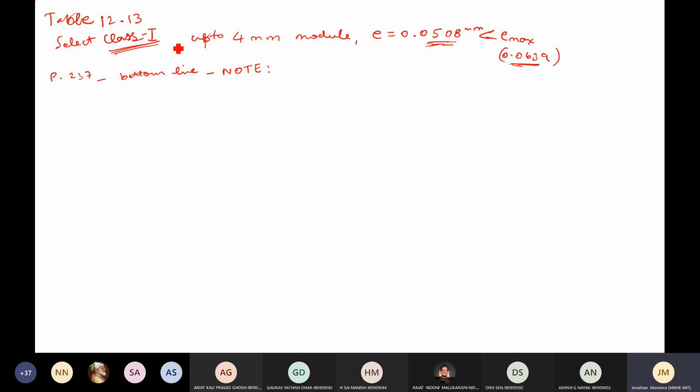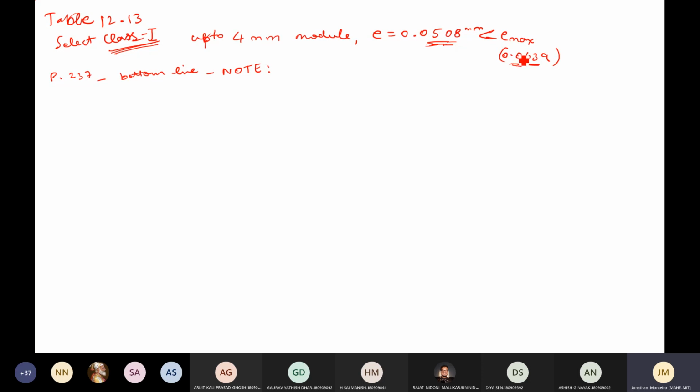You notice when you go to class 2, for the same module, the error will be still lesser, almost half of it. And if you go still further, it is again half of that, class 3. So the probable error keeps on decreasing with every higher class of gear that you introduce.